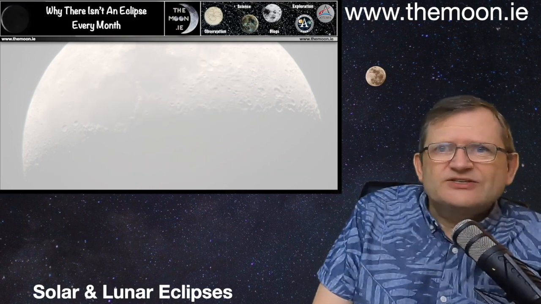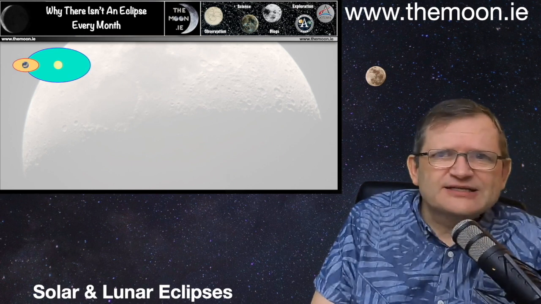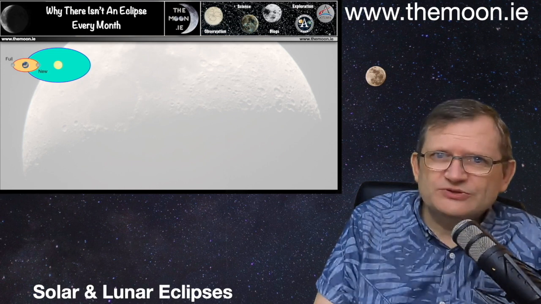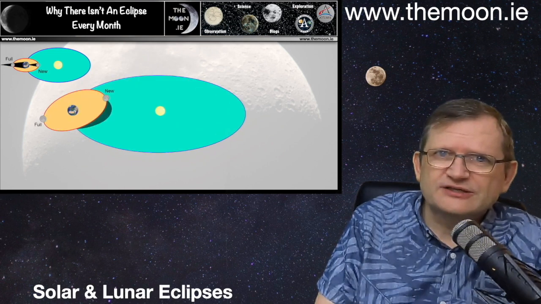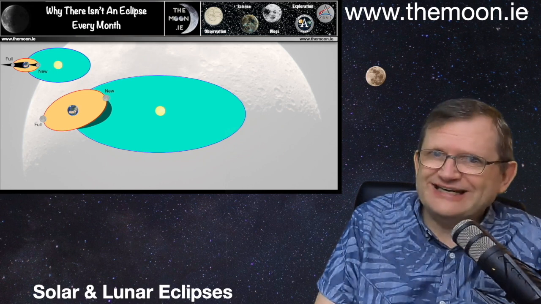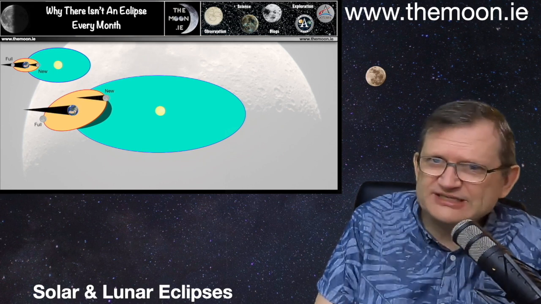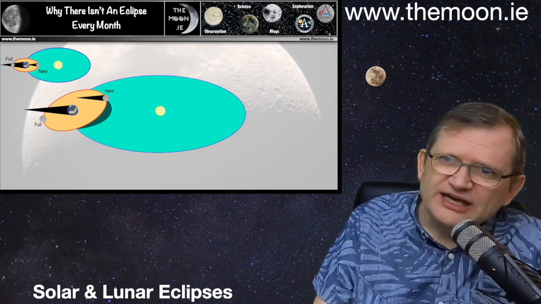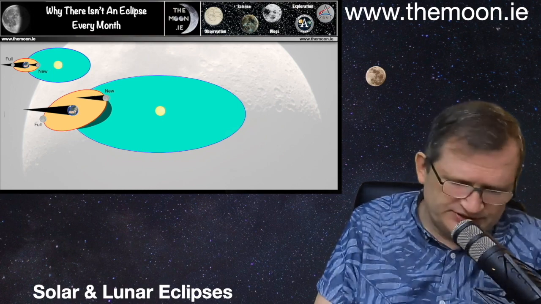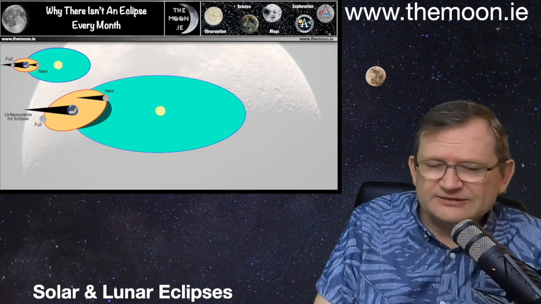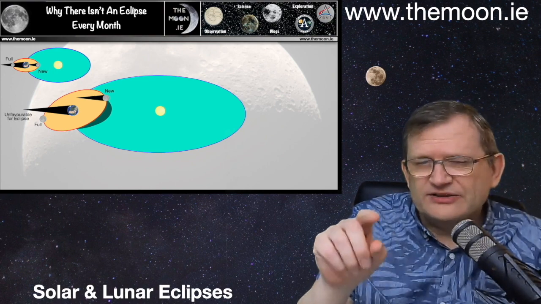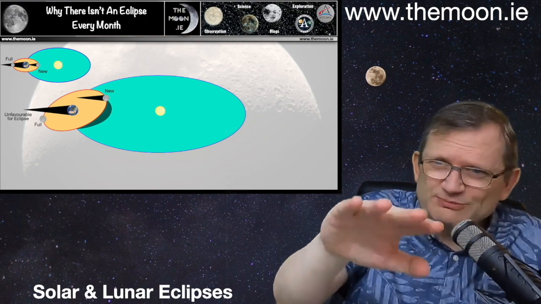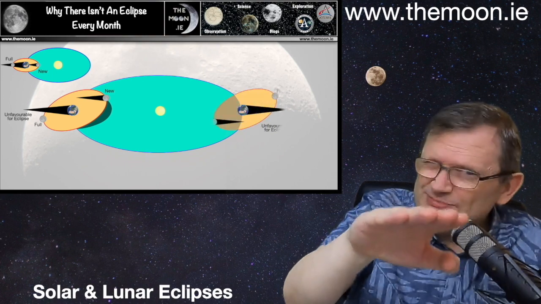So here we can see that just because the Earth is between the Sun and the Moon, or the Moon is between the Sun and the Earth, we don't necessarily get eclipses. Because as you can see here, the shadow of the Moon is not falling on the Earth because it's above the line between the Earth and the Sun. And likewise, the shadow of the Earth is going above the Moon, because even though the Earth is between the Sun and the Moon, the Moon is actually below the line.